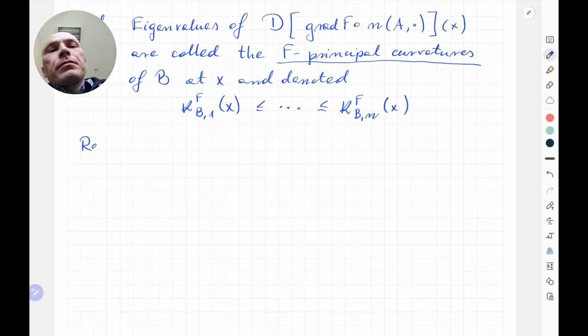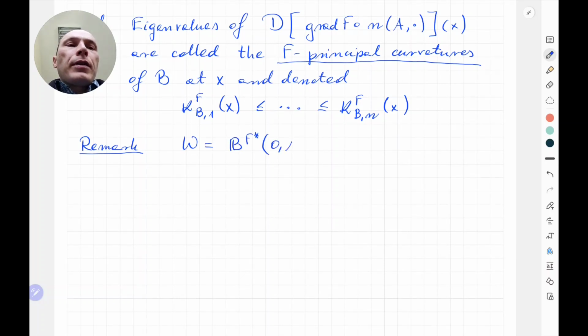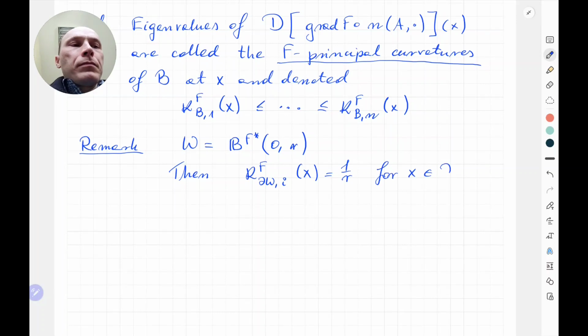One remark: if W is a Wulff shape, so just a ball, the F-star ball centered at 0 of radius R, then all its principal curvatures are exactly 1 over R. This is what we would expect from a notion of principal curvature. A ball should have principal curvatures equal to 1 over R.